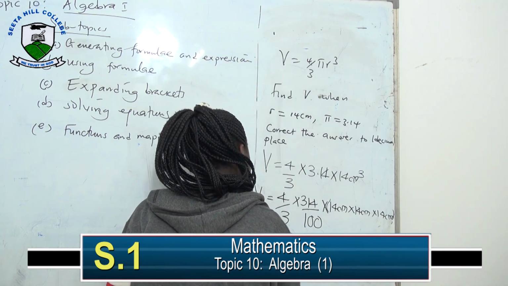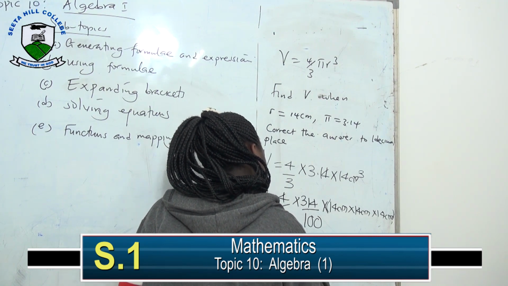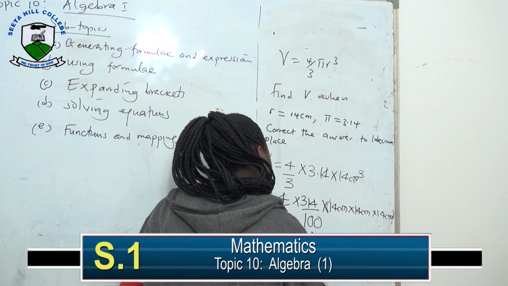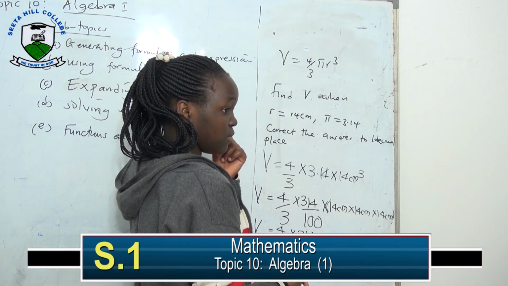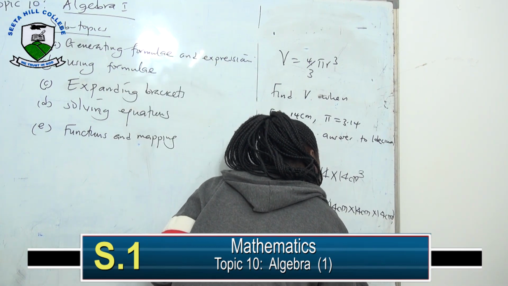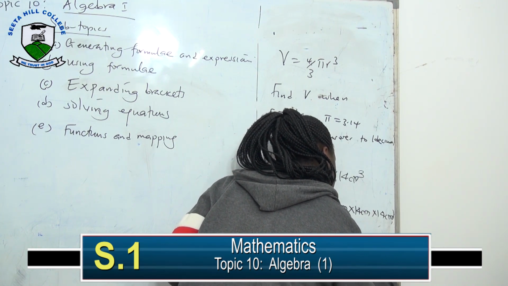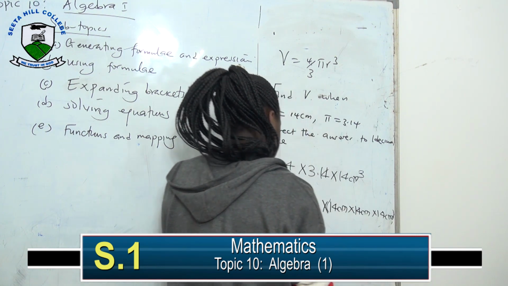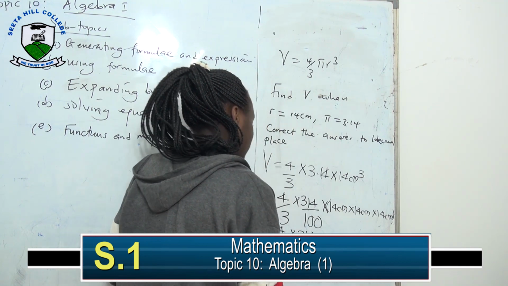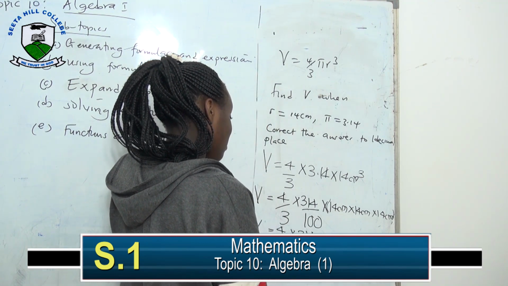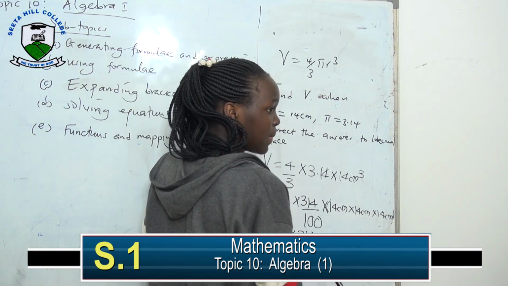So we shall first multiply these for ease of thinking. Volume equals 4 out of 3 times 314 out of 100 times 2,744. Then we shall start dividing, just multiplying together.